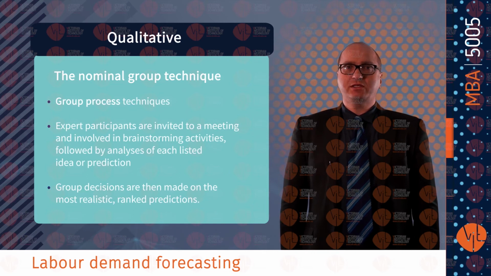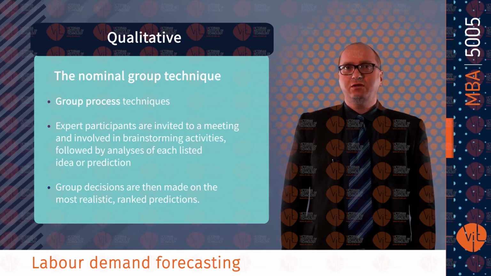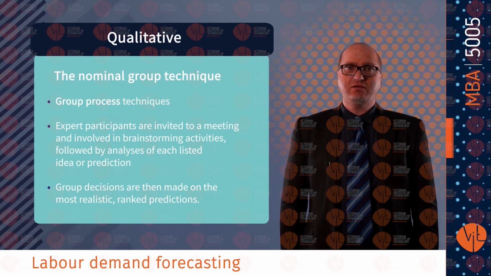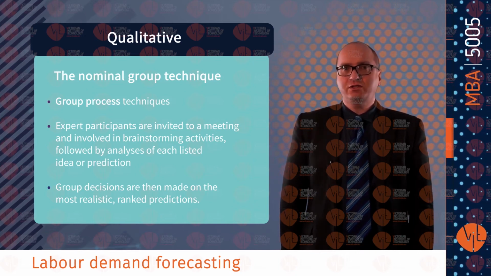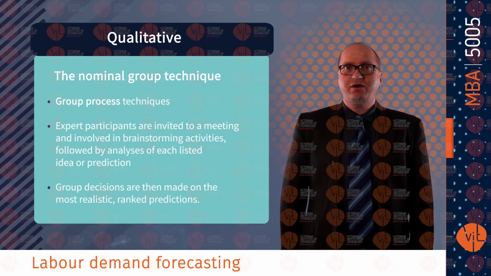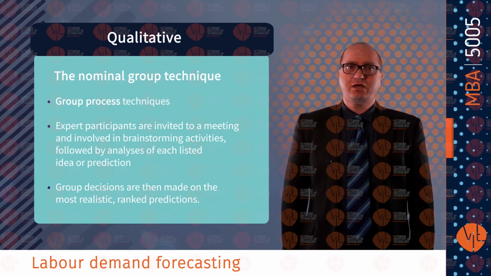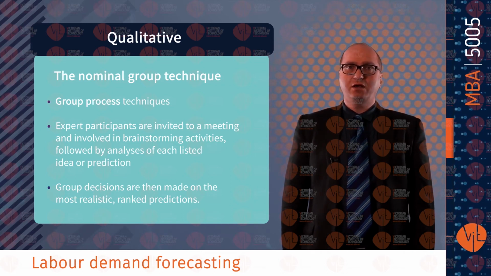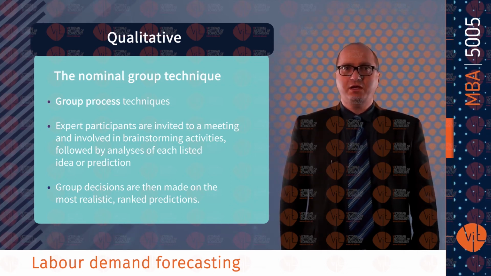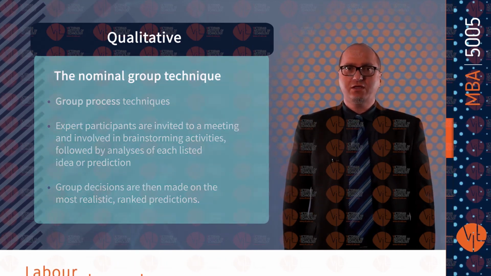It's a group process technique where members of a group are invited together, involved in brainstorming activities. Ideas are generated and then combined into an overall unified set of decisions, and these decisions are then ranked, prioritized, and acted upon based on the majority of decisions and ideas collected.